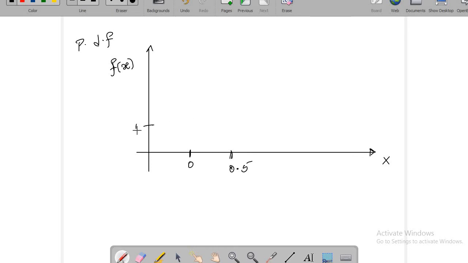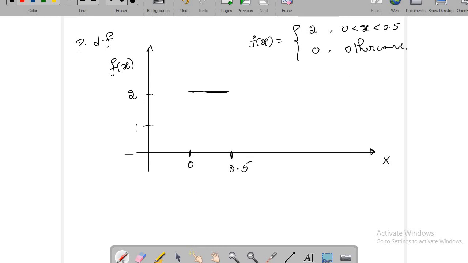Let's say this is 1 and this is 2. Now my distribution function is just this. Let me write this function explicitly so that it will be clear. Now my function is f of x equal to 2 when 0 is less than x less than 0.5, and 0 otherwise.